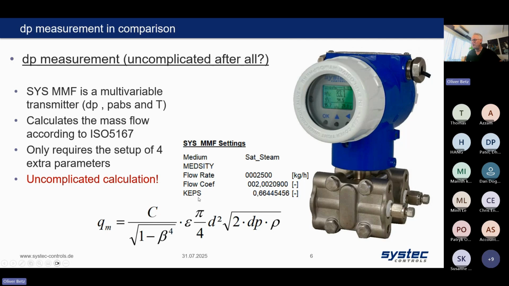Very easy to punch it in. Setup can be done within a minute on this computer. And also a setup in the field is not a big issue. You don't need HART communication or digital communication. You simply go via the front keys and punch this in. So it's not that complicated anymore, differential pressure measurement. So this makes it much more uncomplicated.